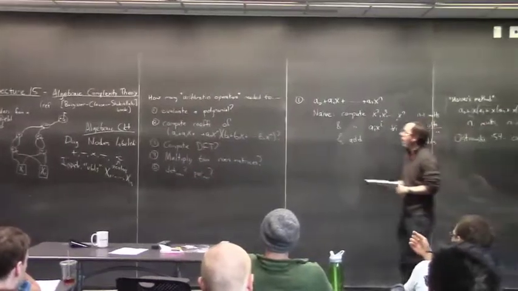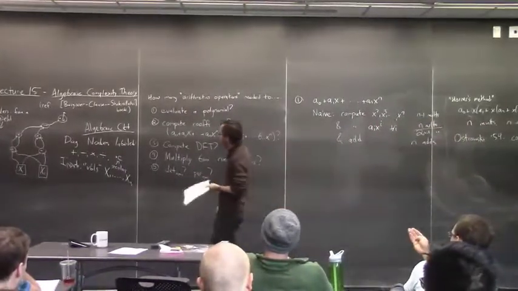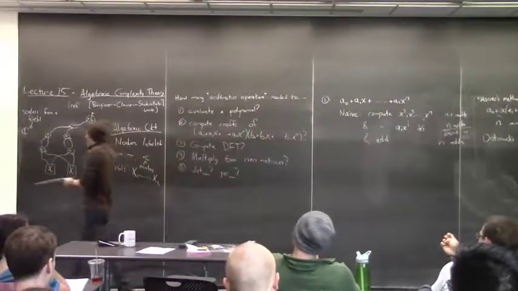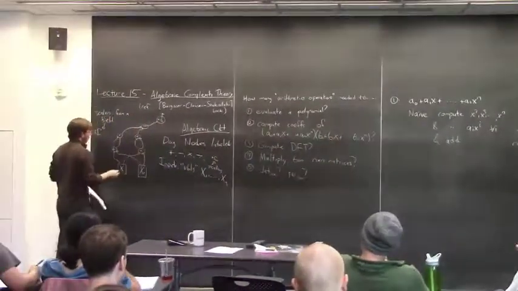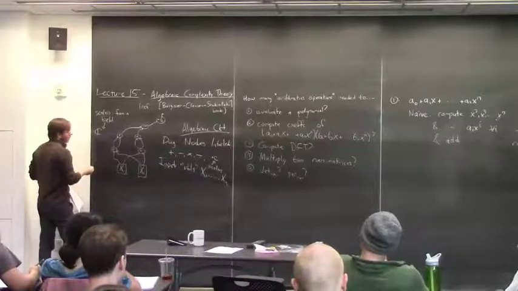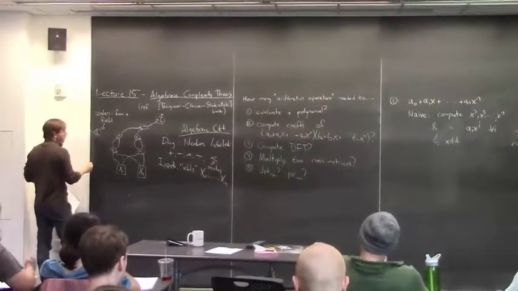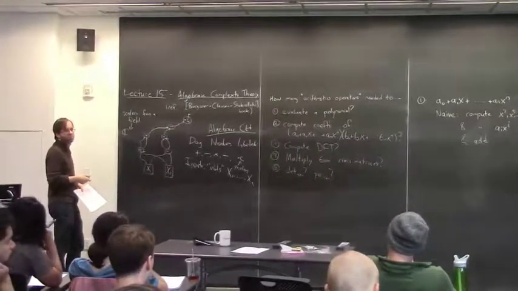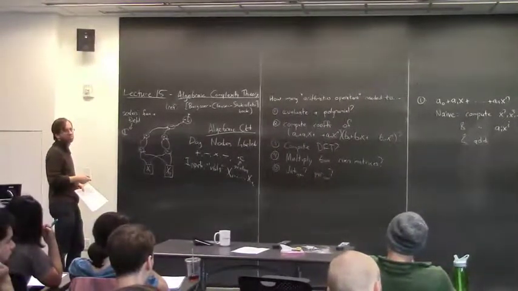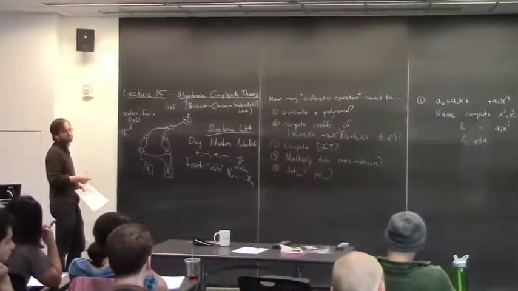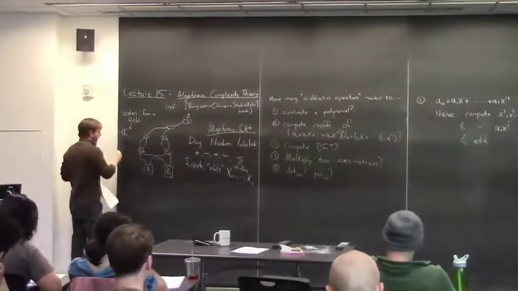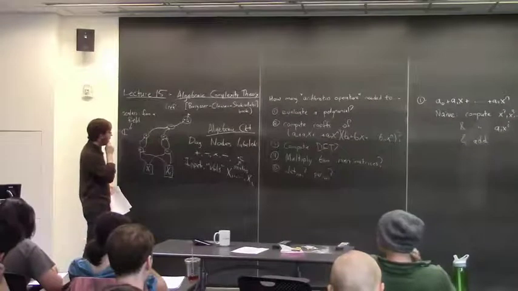I guess you should also be allowed to have 0 and 1 as leaves. Or you can have addition of a constant too. Why don't you just allow a constant, as we allow in the normal circuits, as a fixed hardwired constant inside? You could allow that too. Okay, so maybe I should have allowed that.